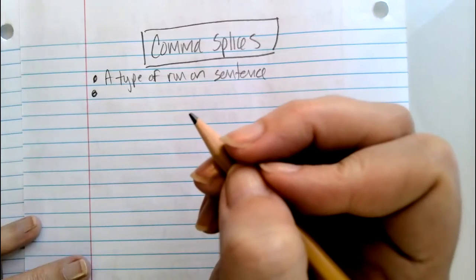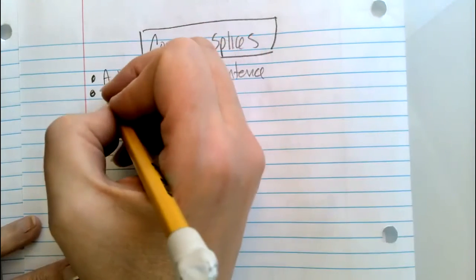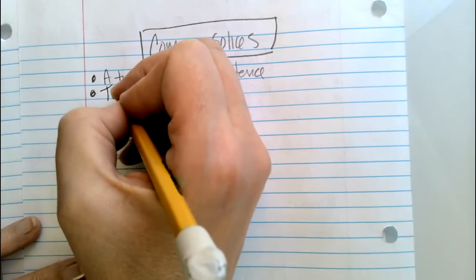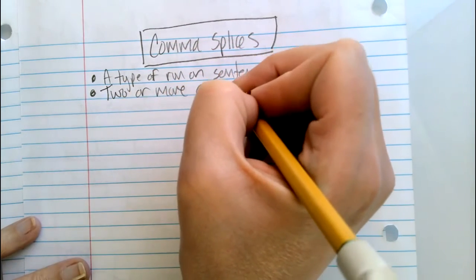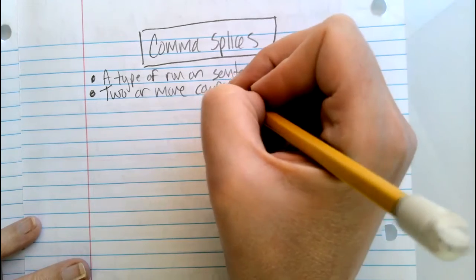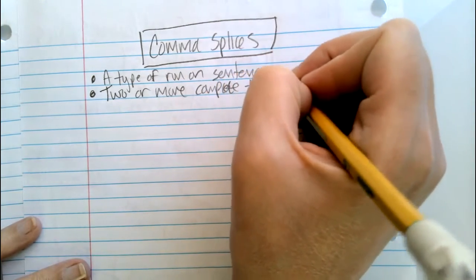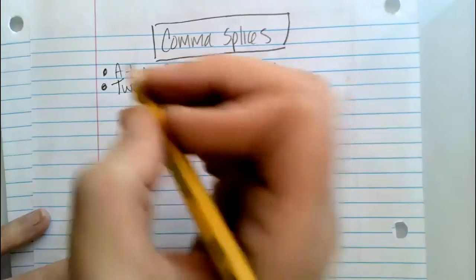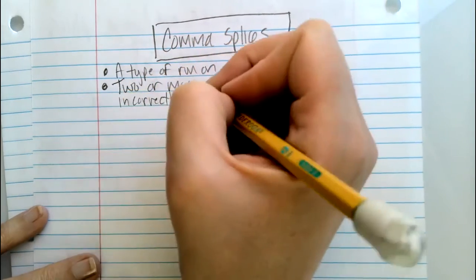It's 2 or more complete thoughts, but this time we're going to get more specific about the punctuation. 2 or more complete thoughts, sometimes when I write fast, I accidentally misspell, and then we're going to add incorrectly combined with a comma.